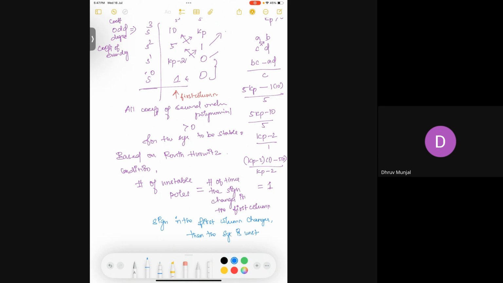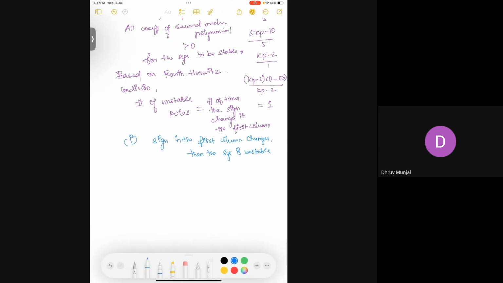This is the first point it makes. First point is if there is any sign change in the first column, the system is unstable. Second point is how many times the sign changed, that many poles are in right half of the S-plane.